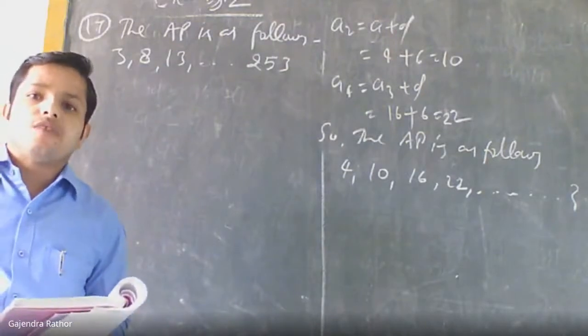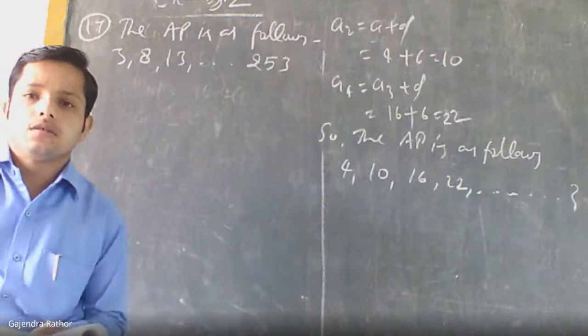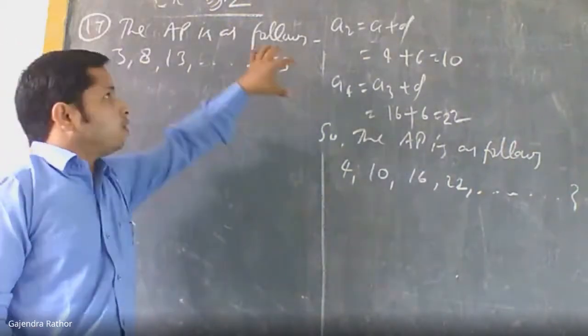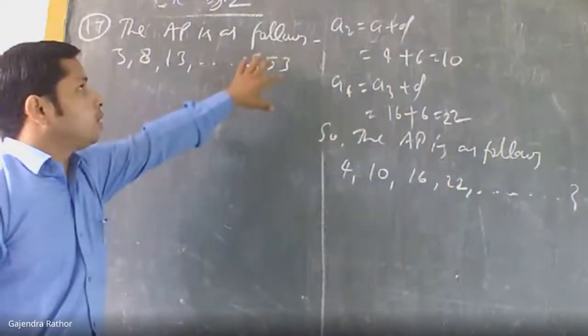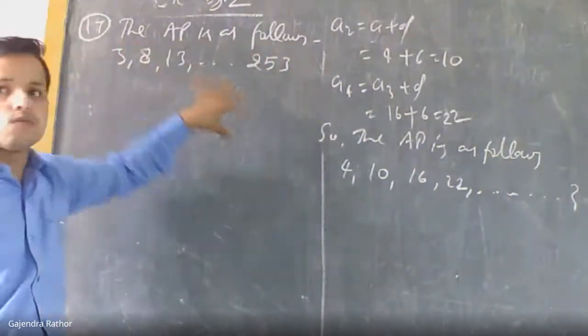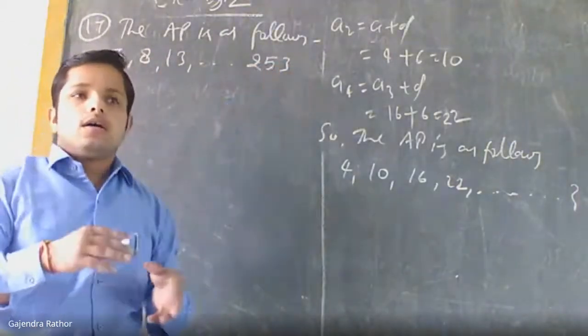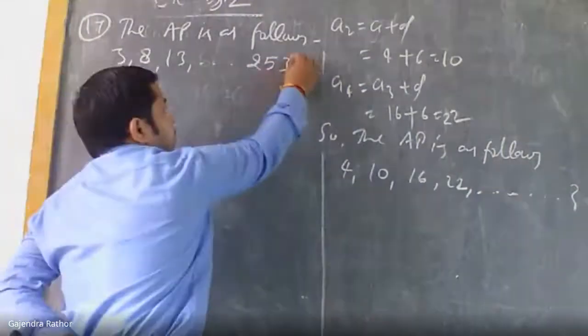But we have to find the 20th term from the last. So what is the last term? That is 253. From this term we have to find the 20th term, meaning towards the left side. So to find it, first we will rearrange the AP.